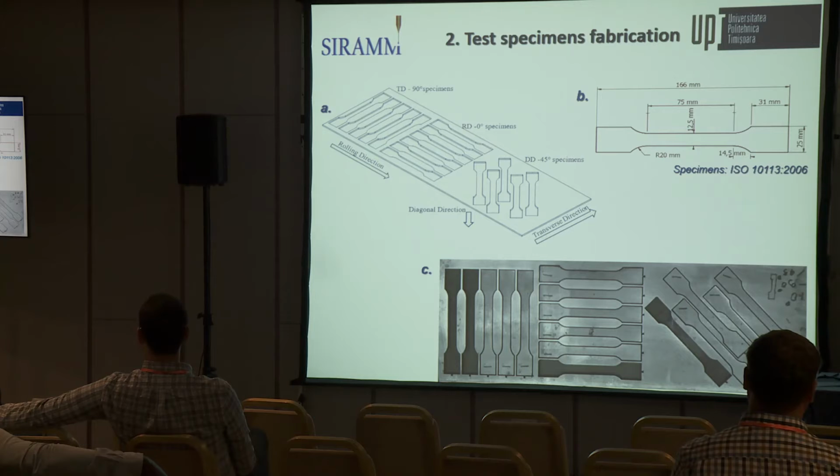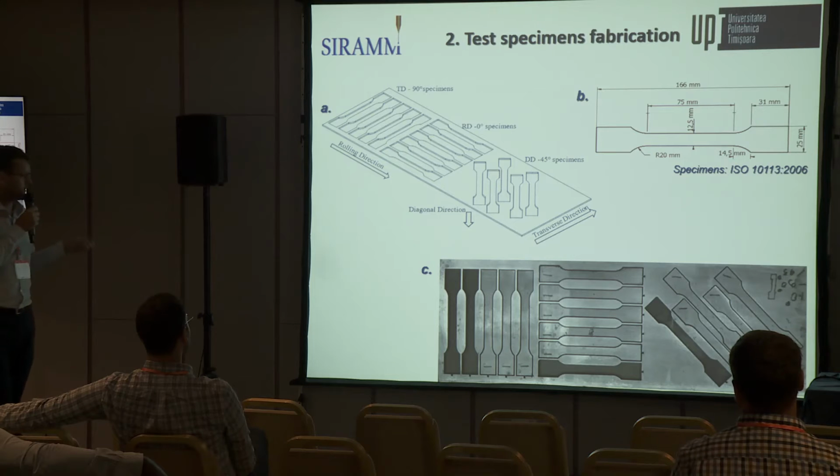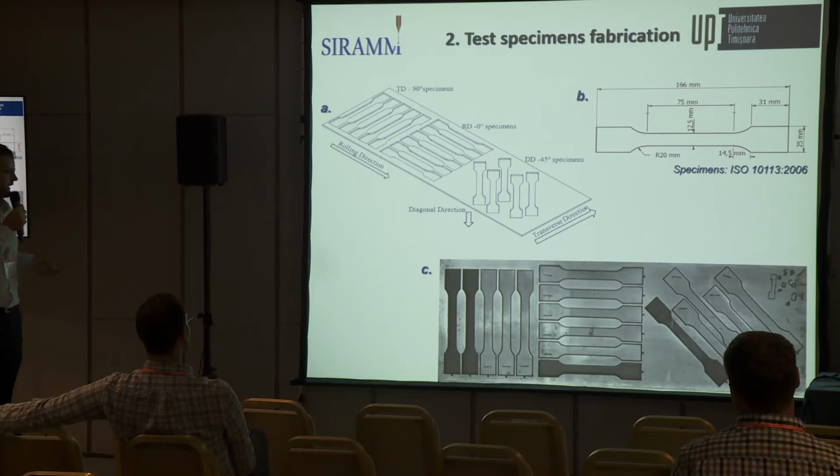The specimens were laser cut in different directions, taking into account the rolling direction. We have specimens at 0, 45, and 90 degrees, three specimens for each angle.